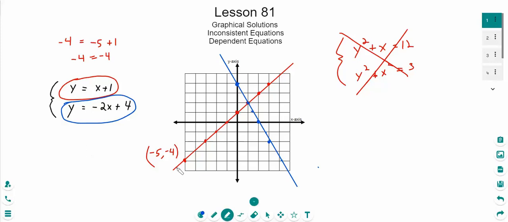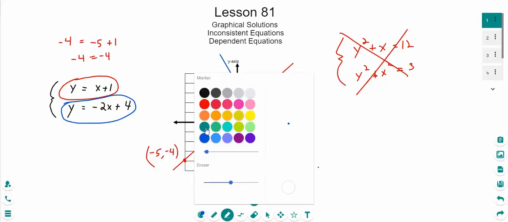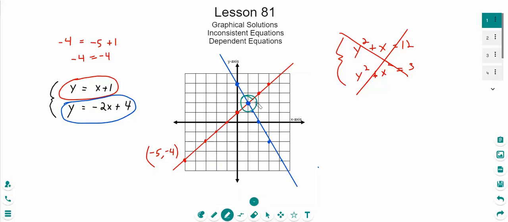And there's only one point here that's going to do that, and that's this point right here, because this point satisfies the blue line. We're on the blue line. It also satisfies the red line. We're on the red line. Okay? It's the only point that will satisfy both. So this spot right here is going to be the solution to this set of equations.